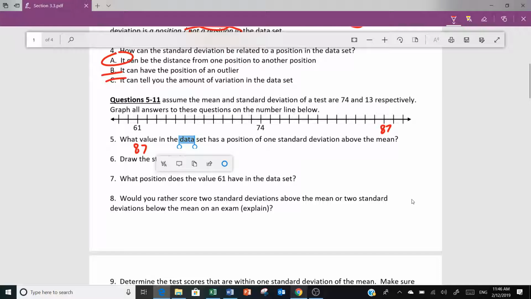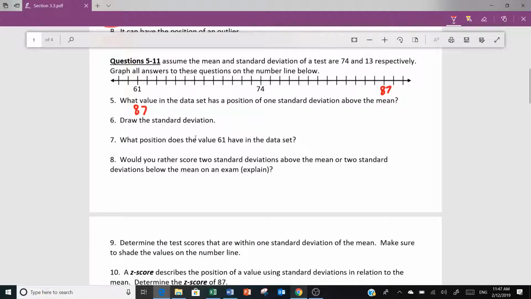That would be 1 standard deviation above. And see, we're using the standard deviation as a distance from the mean, which is 74, to 87, which is 1 standard deviation above. Now that tells us to draw the standard deviation. Let's go ahead and draw what we think our standard deviation looks like. What was the standard deviation again? It represents 13, and what does question 4 say?